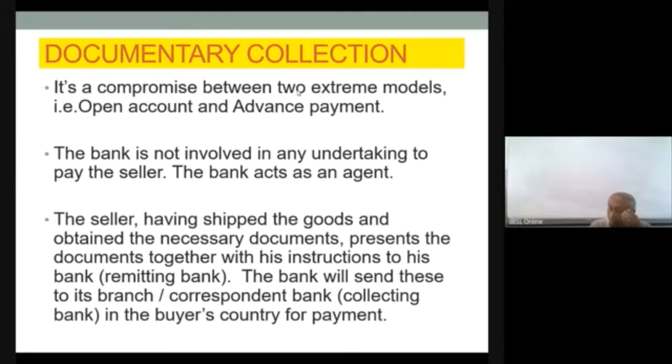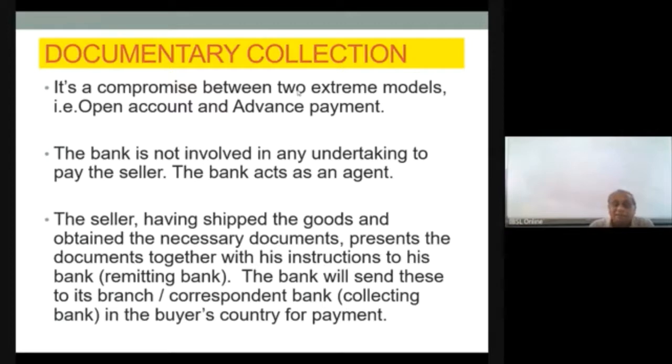What is happening here in documentary collection, as per the sales agreement, the seller will ship the goods and give the necessary documents. They present the documents to the seller's bank, domiciled in the seller's country.